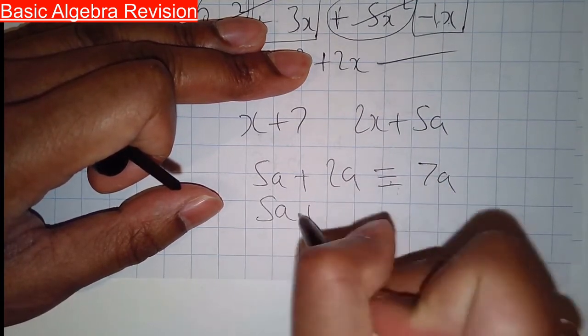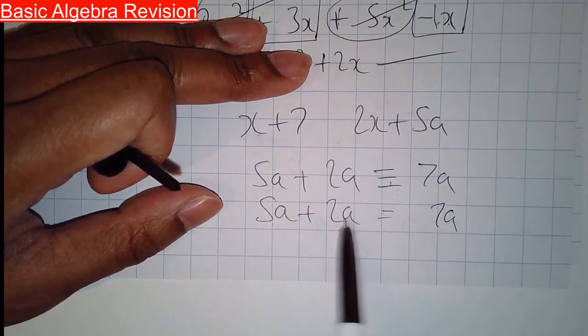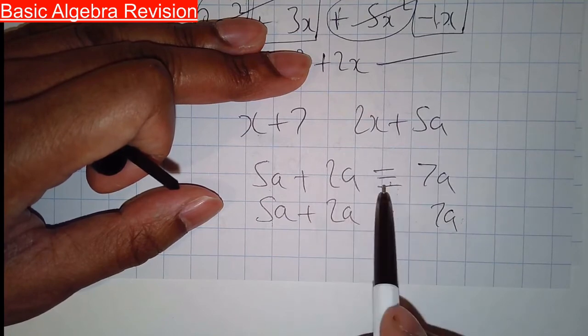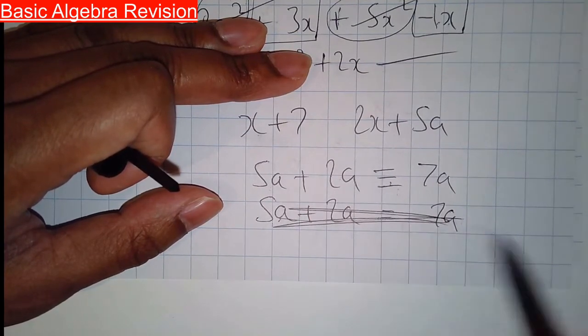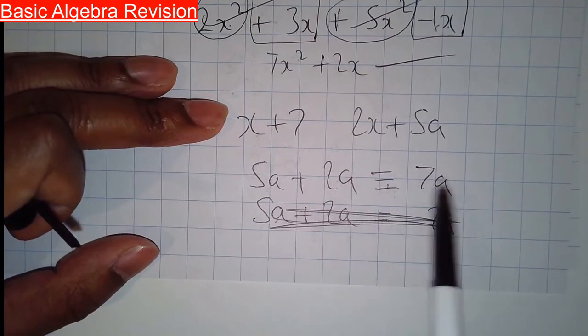We should not really do this. Yes, I know 5 apples plus 2 apples is equal to 7 apples, but really you should say 5 apples plus 2 apples is identical to 7 apples. So here's an expression, these two expressions are identical.